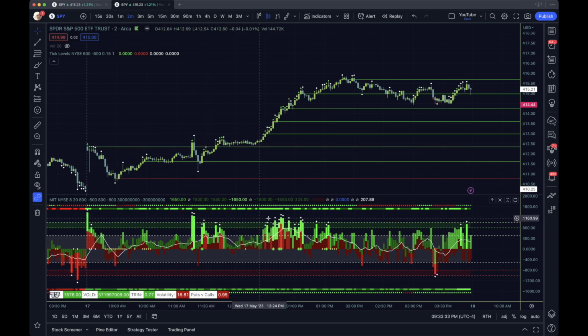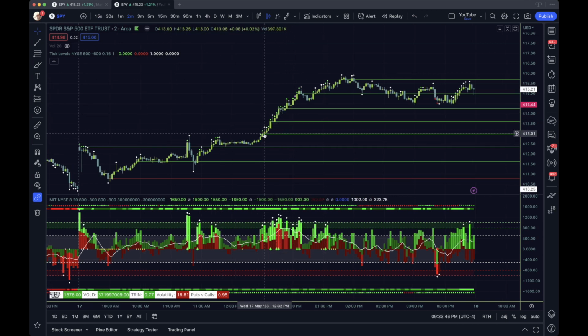Every time you get these tick level extremes, it will print a level, and like I said, it tries to reduce the total amount of levels based on proximity to other signals. And you can see these extreme closures here are a little bit different than the ones down here because I've set it to 600. But it's still important, right?